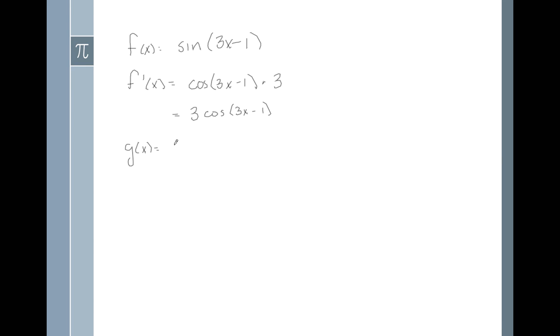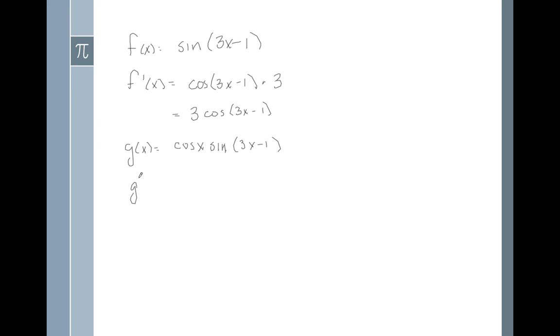Everything still applies. Let's say we wanted to do g of x equals cosine of x times the sine of, well, let's just go 3x minus 1. This is now the product of two functions, of which one of them requires the chain rule.